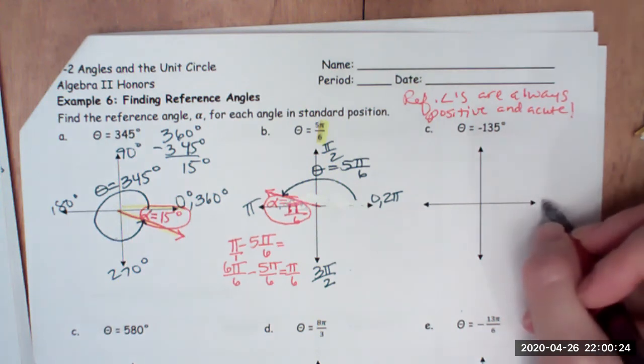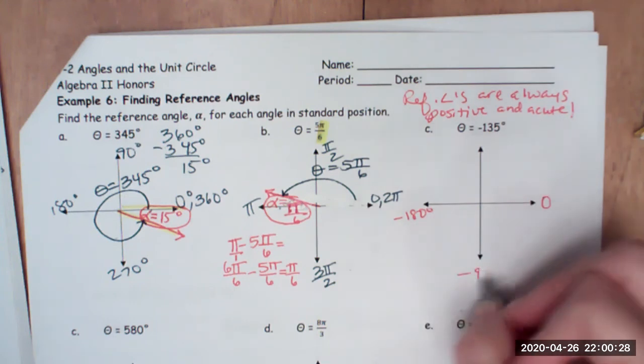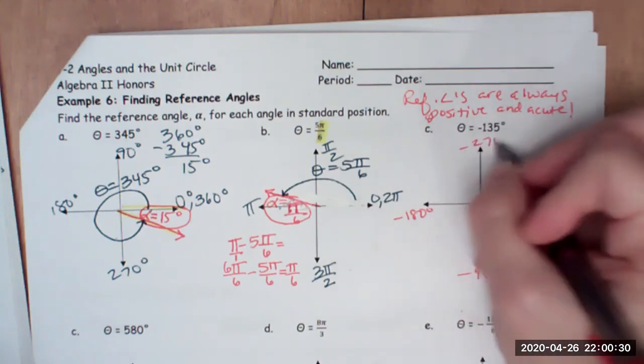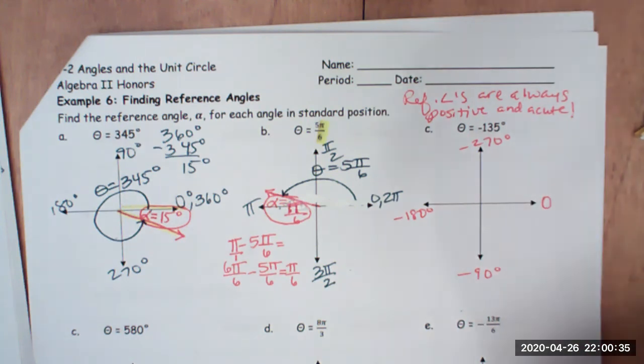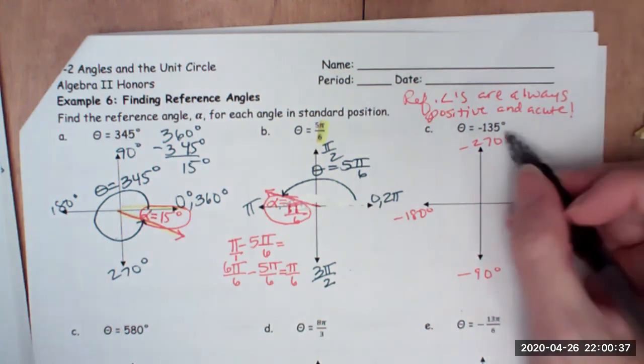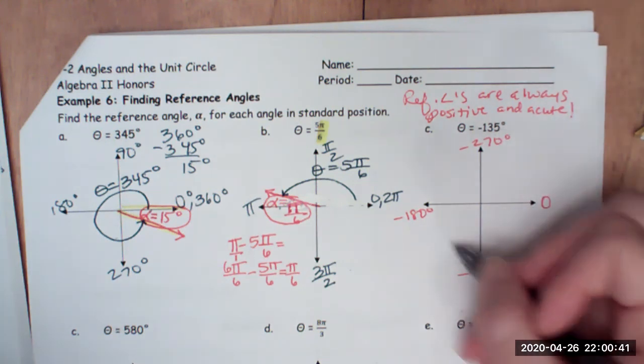So I'll say 0 and negative 180 and negative 90 and negative 270 and negative 135. We did one similar to this before, traveling negative 90 and then negative 45.